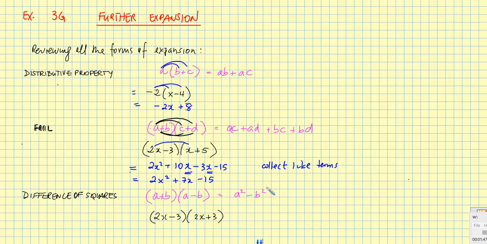And instead of performing the entire FOIL process, you would just be squaring the first and squaring the last, because our middle term, or our middle ab term in this case, disappears because it gets cancelled out. So 2x all squared gives us 4x squared, and negative 3 times positive 3 gives us negative 9. And there's our final answer.